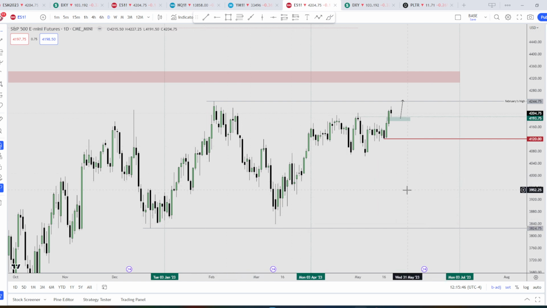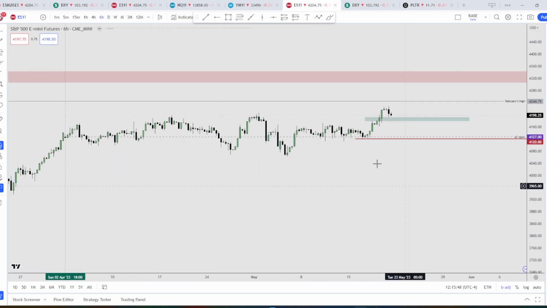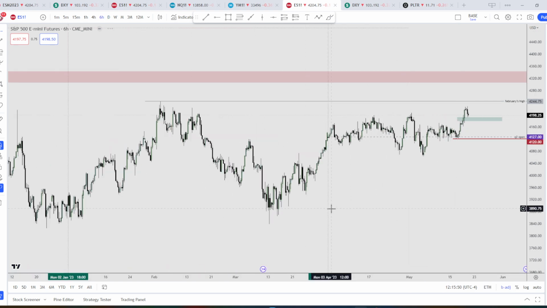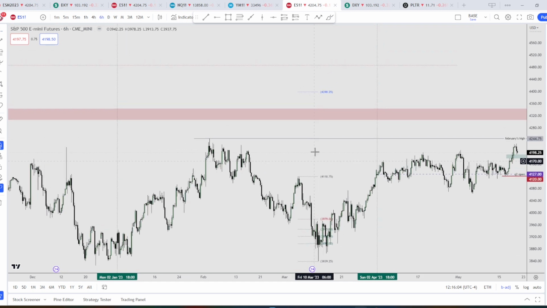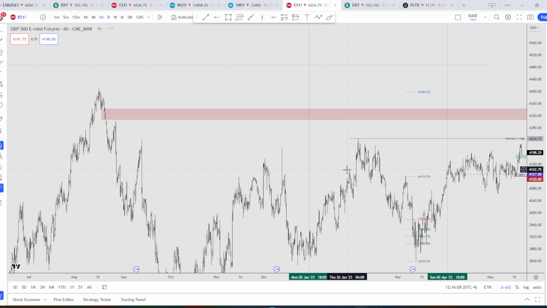so let me see if I can draw a standard deviation. Let's just say from this high here, fibs, swing low, swing high, we have right around here, which is just below this swing high here.